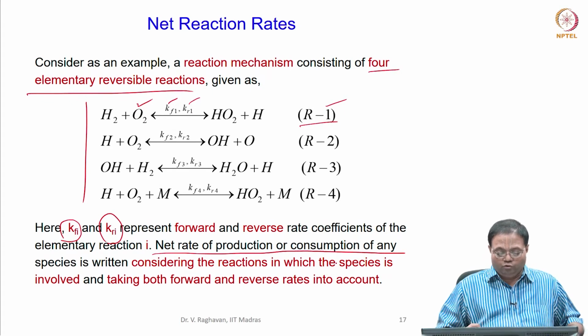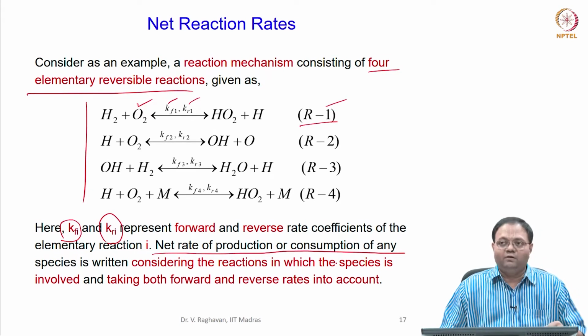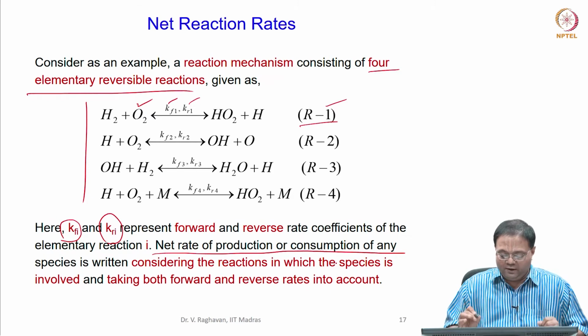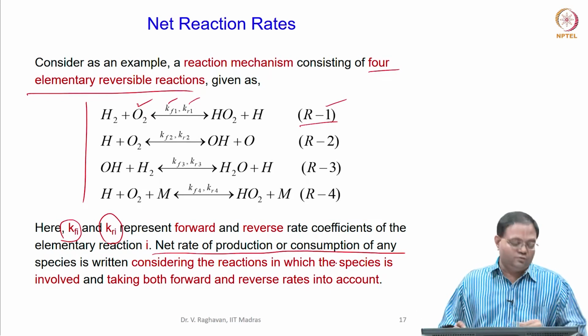So you have to consider all the reactions in which the species is participating and see whether it is consumed or produced through a forward or reverse reaction. Then you add the production terms and subtract the sum of the consumption terms.